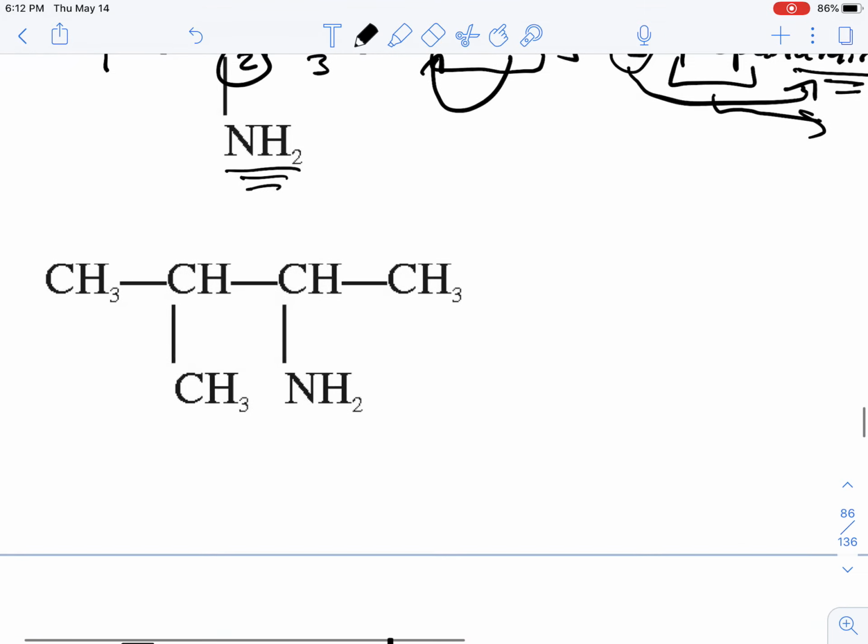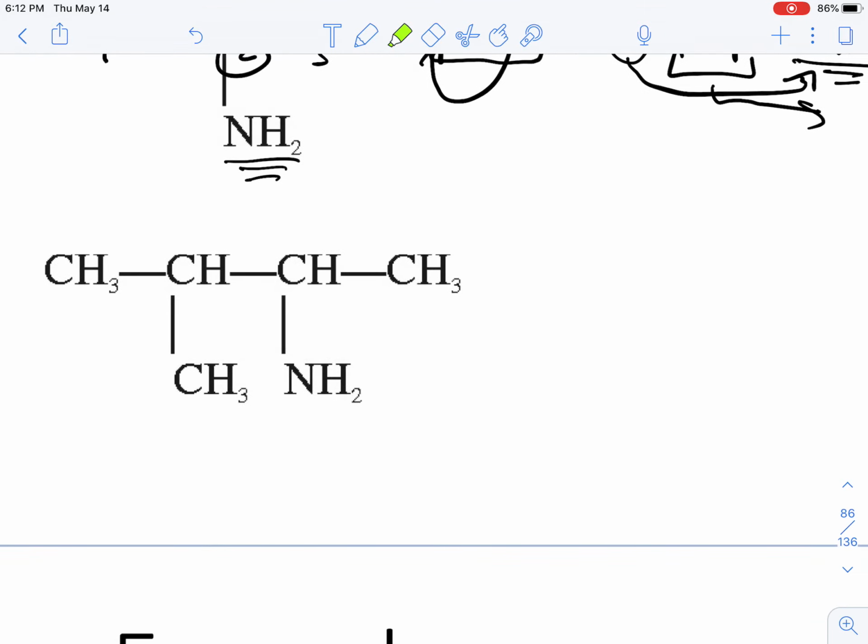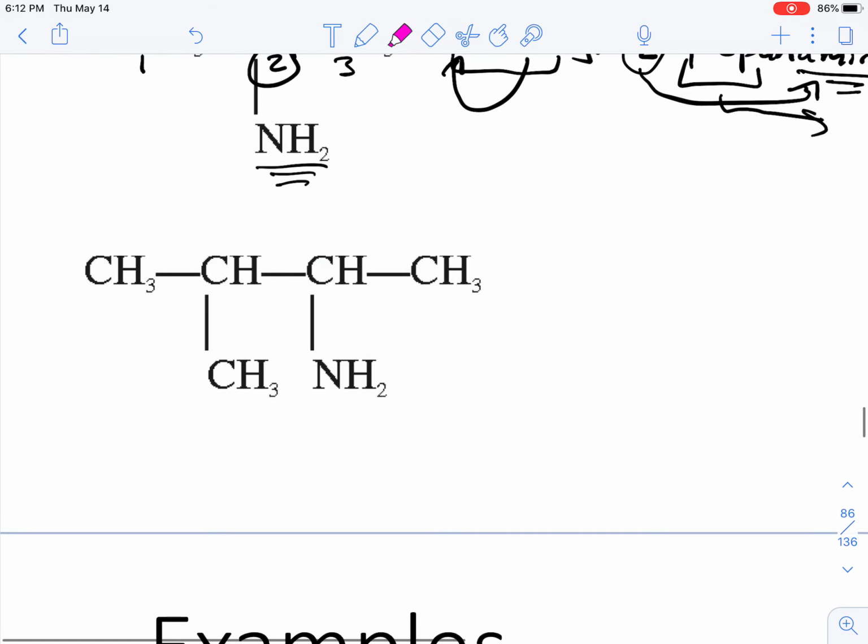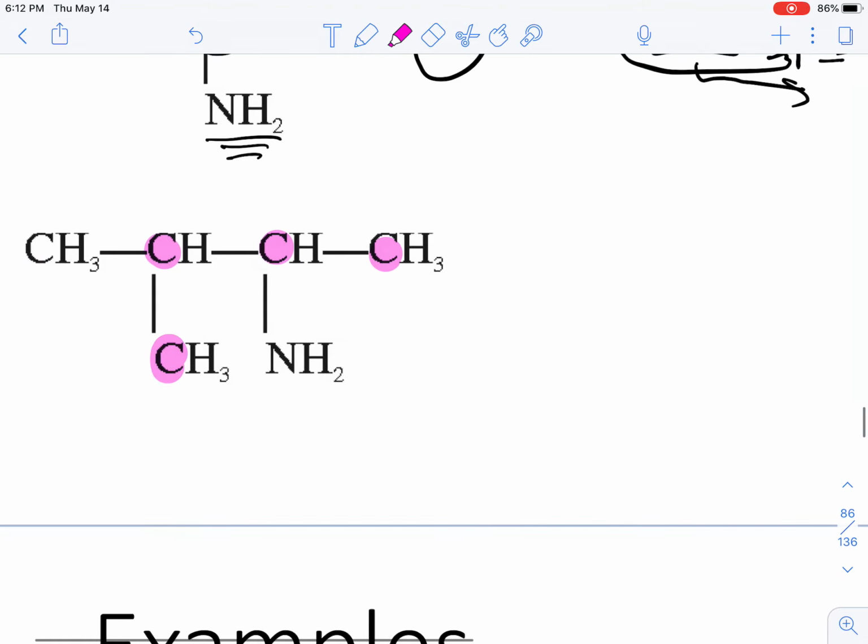So let's go ahead and look at this example. So here we have our amine. And so we're going to go ahead and figure out the longest carbon chain. 1, 2, 3, 4. Go back, 1, 2, 3, 4. So it doesn't really matter which path we choose. We'll just get a 4-carbon chain.